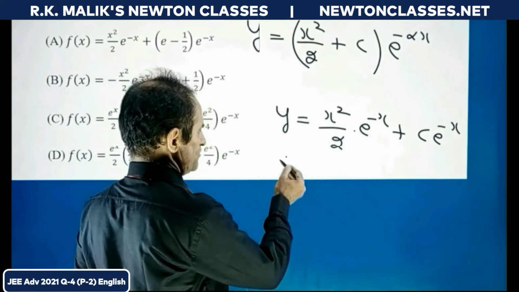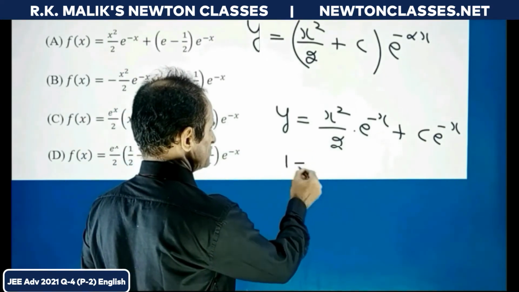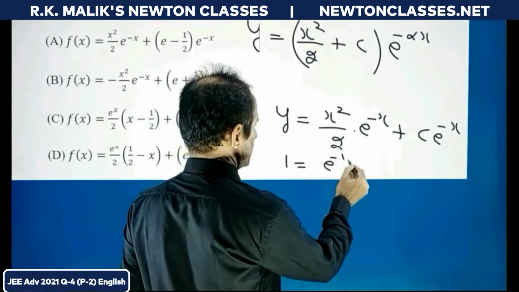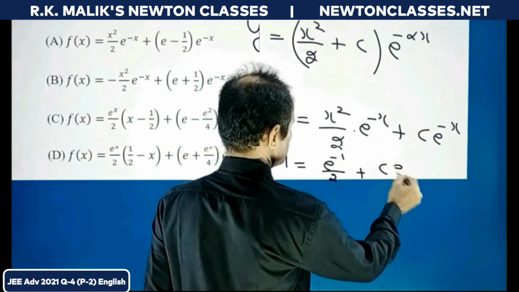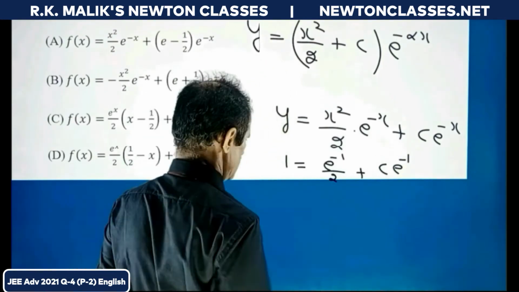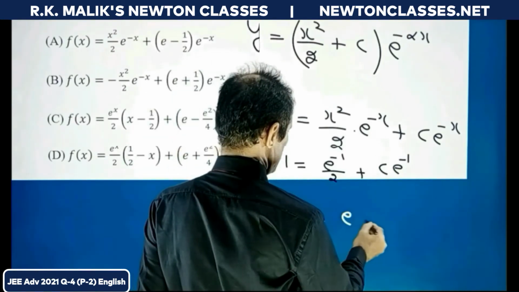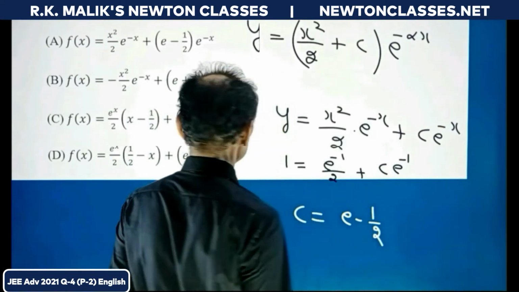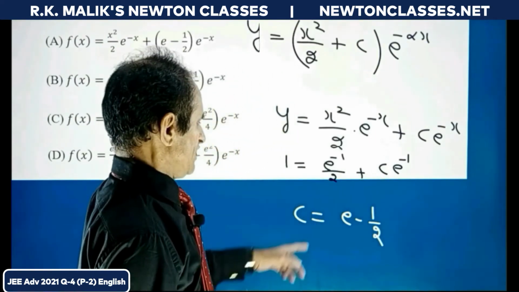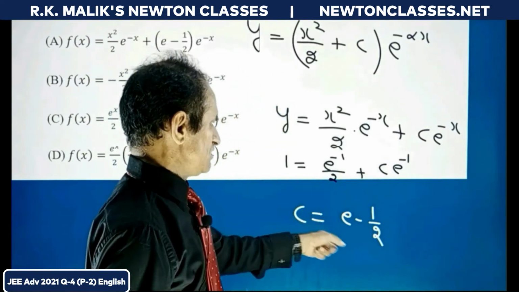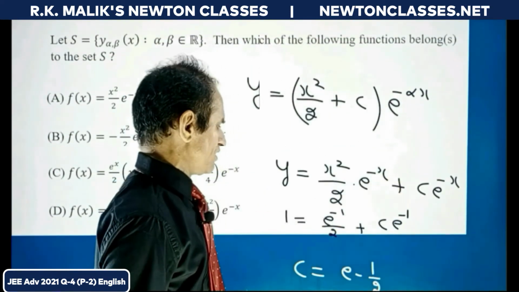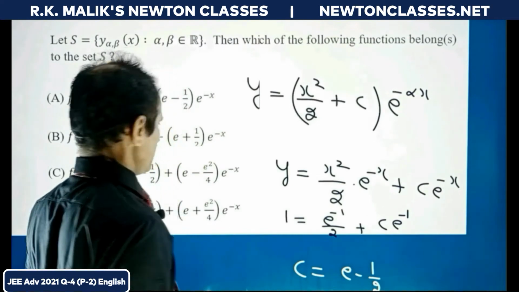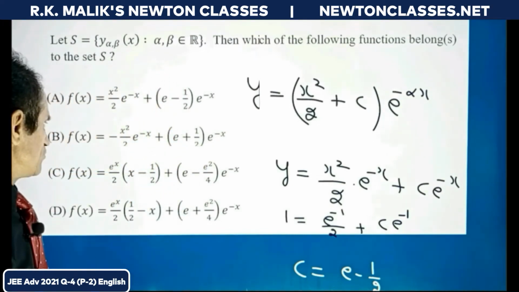Hence, using it, I get 1 is equal to e to power minus 1 by 2 plus c e to power minus 1. That is, c is equal to e minus 1 by 2. And because the value of c is this, and putting back the value of c here, I can say A is the correct choice.